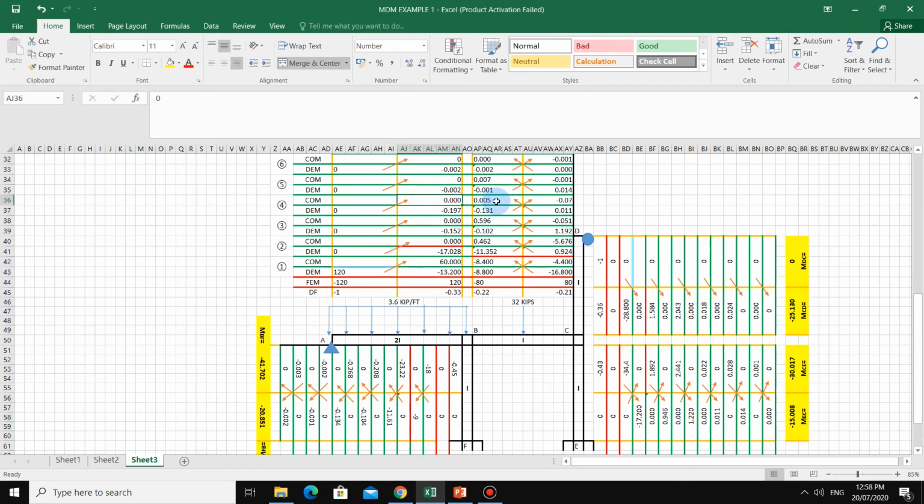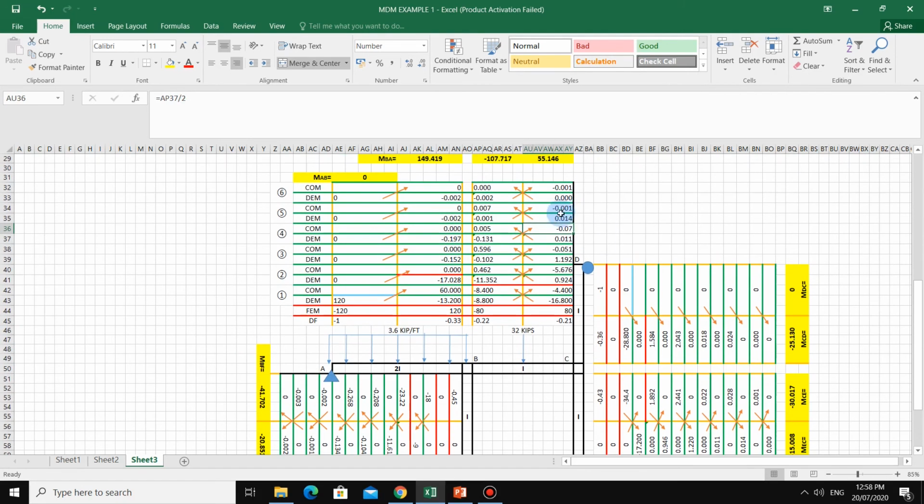So 0.005, then we have 0 here. So at B it is 0.005. Then at C it is negative 0.07. We expect 0 at C. Okay, so we are almost there. So we have 0.005 at B, then negative 0.07 at C.